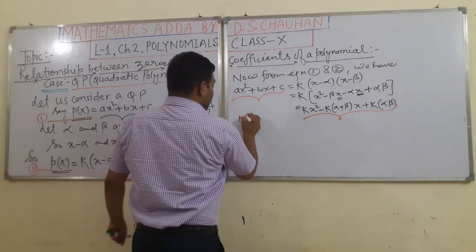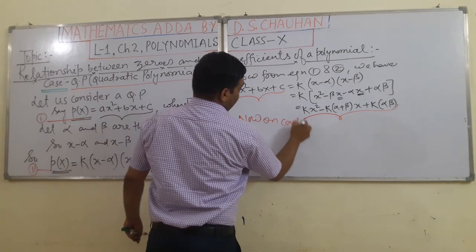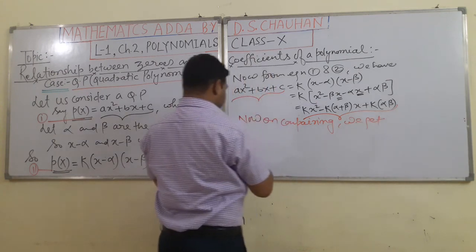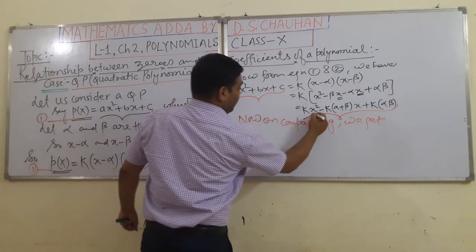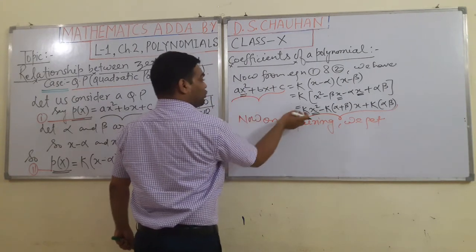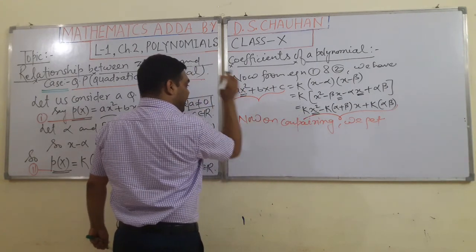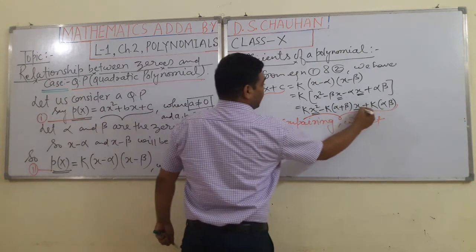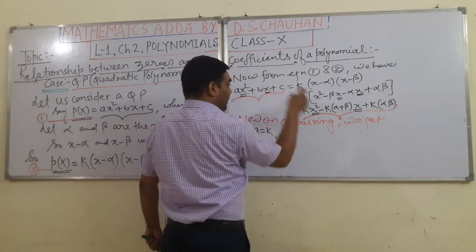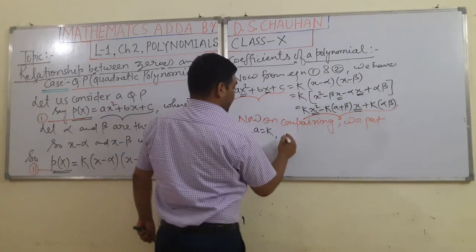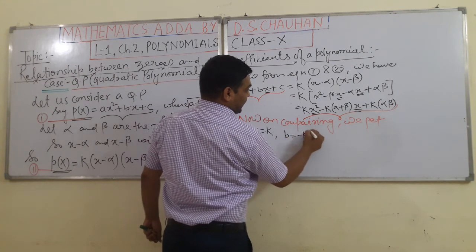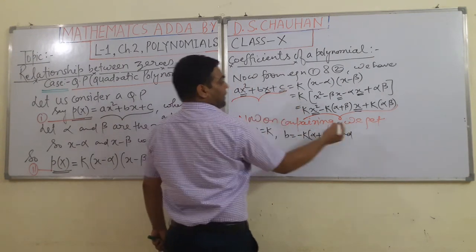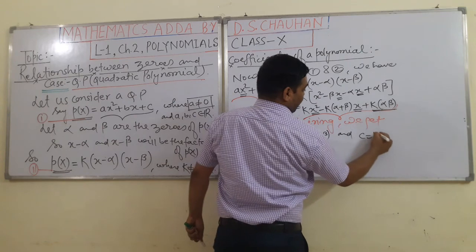So now, on comparing, what do we get here, students? In place of x square, here it is x square. So in place of k, what is here? a. So we can write a equal to k. In place of x it is x here, so in place of b, what is here? This. So b equal to minus k times (alpha plus beta), and in place of c it is here k times alpha beta.